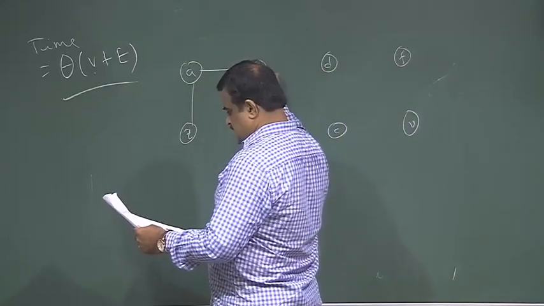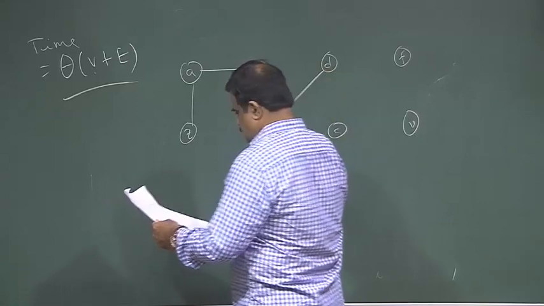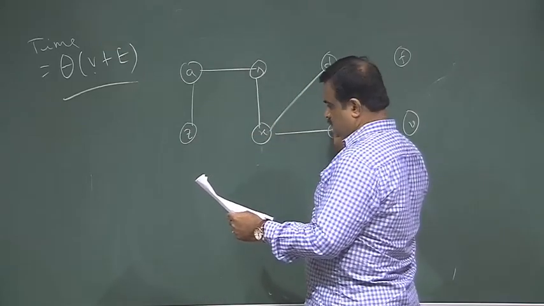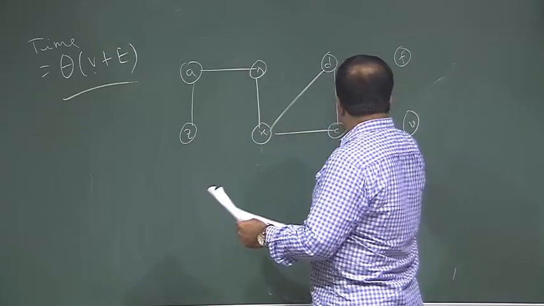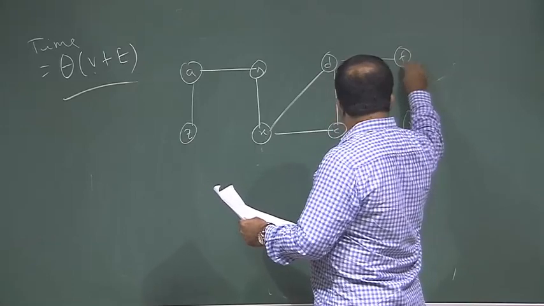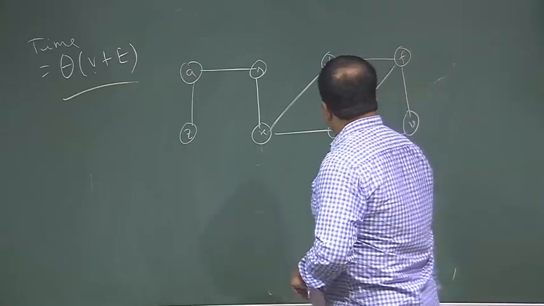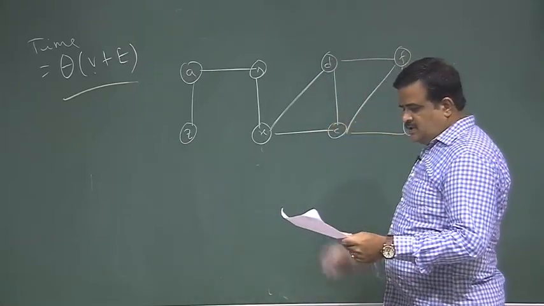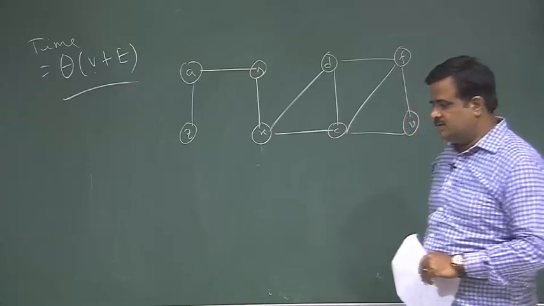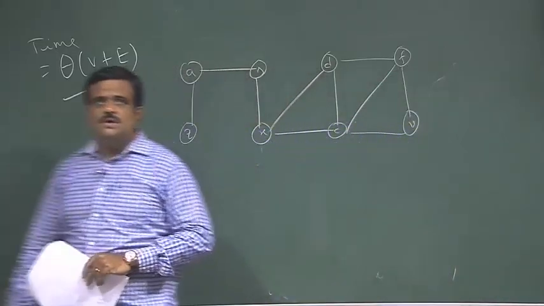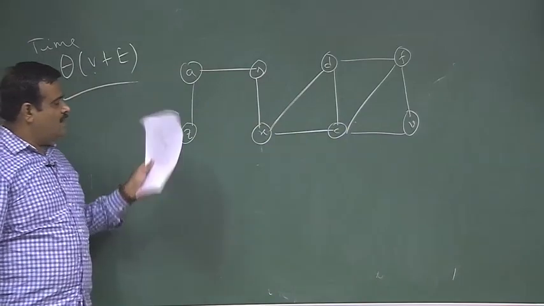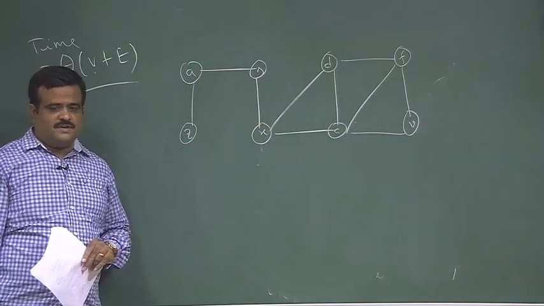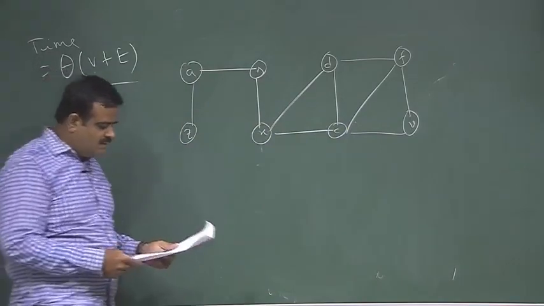This one, this one, this one. Suppose you have an edge from here. Okay, suppose this is the graph, this is the input, and you have to run the BFS, breadth first search, on this input. It is a level by level search.